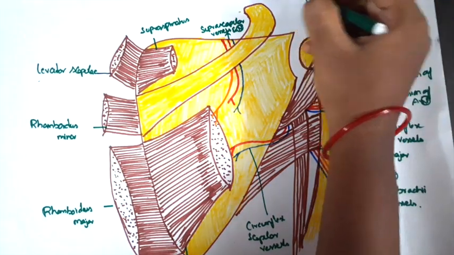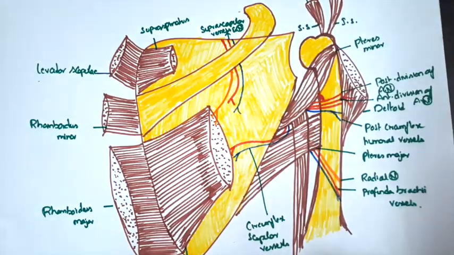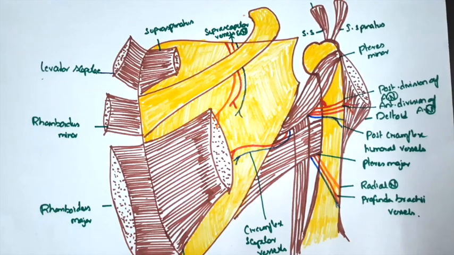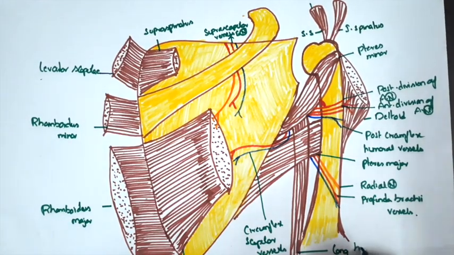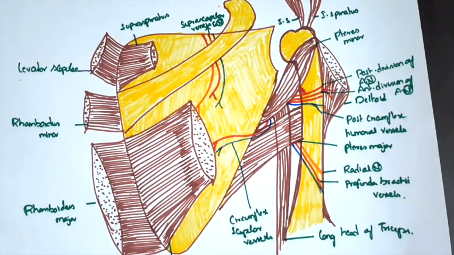These are the SIT muscles. We'll see that SIT means supraspinatus, infraspinatus and teres minor. All these three will insert at the greater tubercle. This is the long head of triceps which originates from the infraglenoid tubercle.